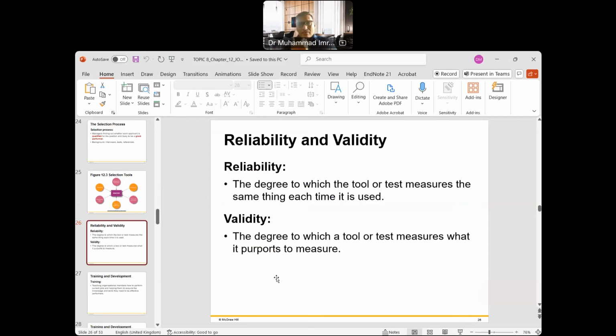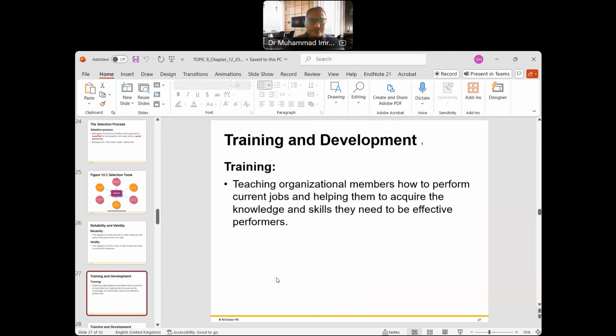Maybe you take a first reading of 100, and the second reading has a little variation, maybe 101. That is acceptable, maybe 0.5 or 10% error is acceptable. If the third reading is also 100, we can say it's reliable. So these two characteristics must be in your selection tests. If your selection tests are valid and reliable, you will have the right person for your organization.